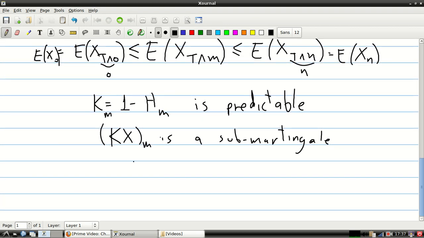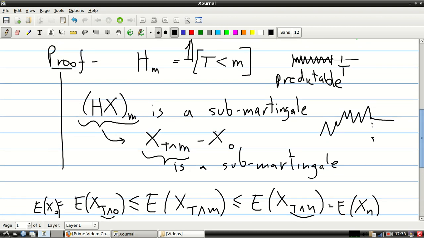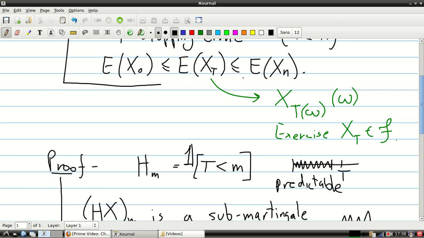Let us look then at the expectation of x_n minus the expectation of x_t. This we would like to show. I made a mistake here. Here I want n, the last time. So we wanted to show that this is bigger or equal to 0, right? We want to show this side of the inequality here, that x_n minus x_t is bigger or equal to 0.